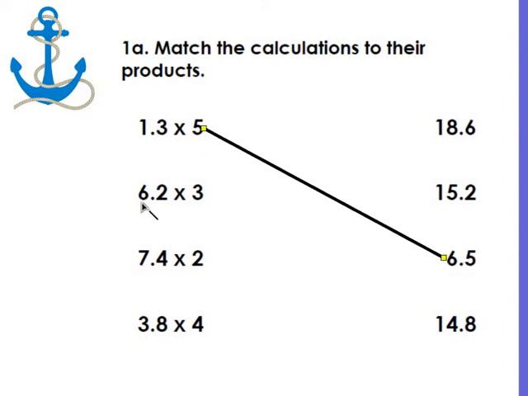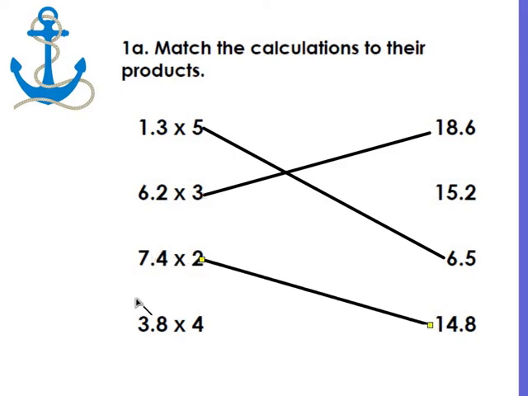Here, 6.2 times 3, or 6 times 3 is 18, and 0.2 times 3 is 0.6, so that's there. 7.4 times 2, or 7 times 2 is 14. 0.4 times 2 is 0.8. That's there. And 3.8, well, that's close to 4, so we could say there.